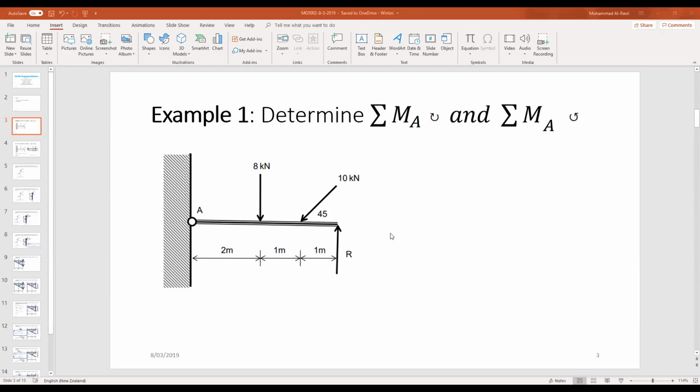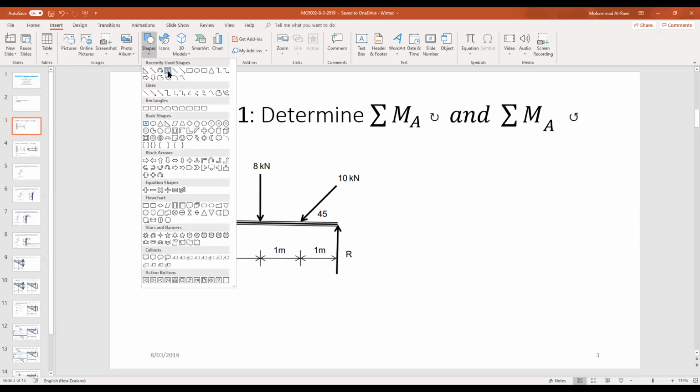So if we try to find the moment around A in the clockwise direction, the first thing we start with in this kind of question is to draw or sketch a free body diagram. So the first thing is to show what components of forces we have in that direction.